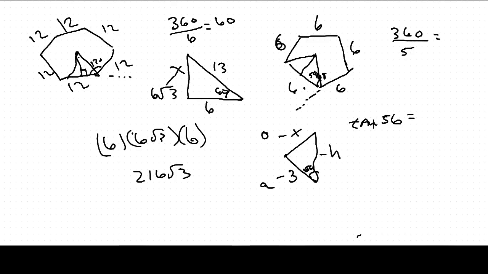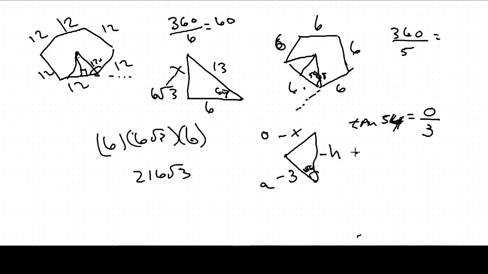No, it's 108. It's 54. You're right, it's 54. Sorry. You're fine. Tangent of 54 equals opposite over adjacent.